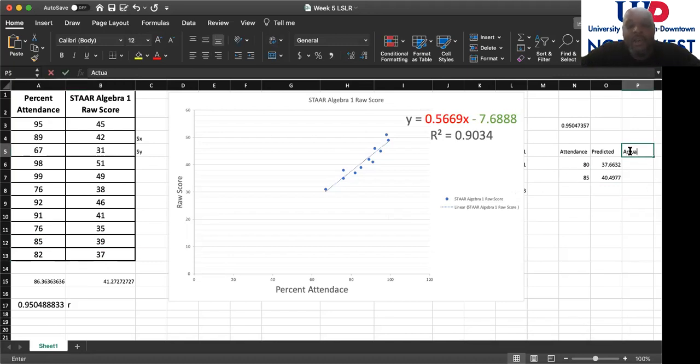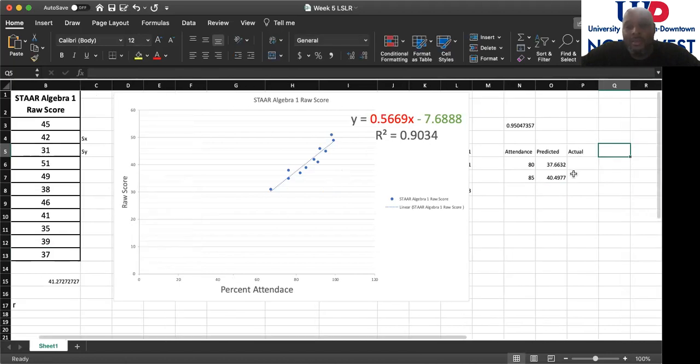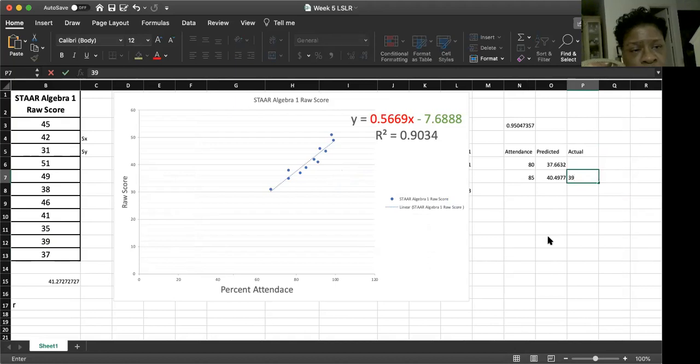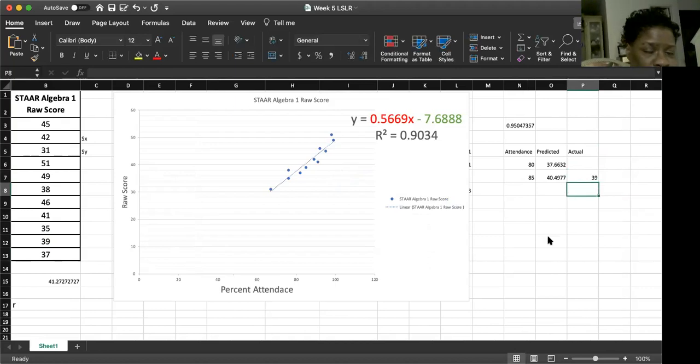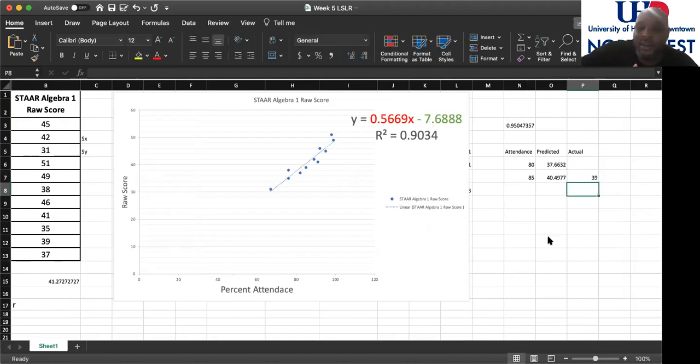We know our actual value here is 39. If I know the actual value, I can find this thing called a residual. A residual is basically the vertical distance from the predicted value, the vertical distance between the predicted and actual values.